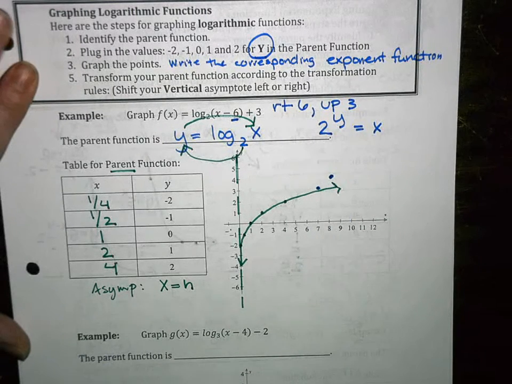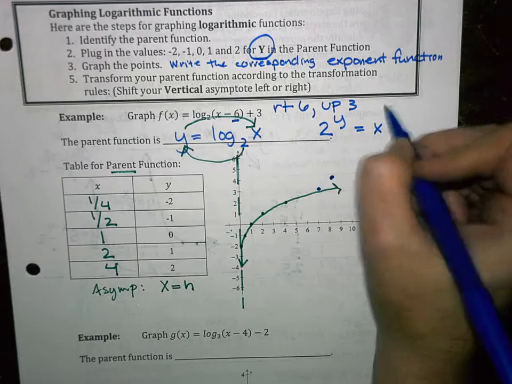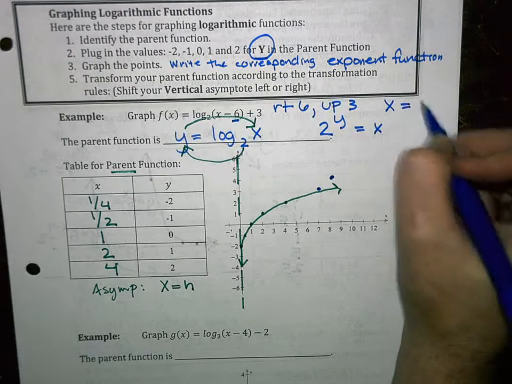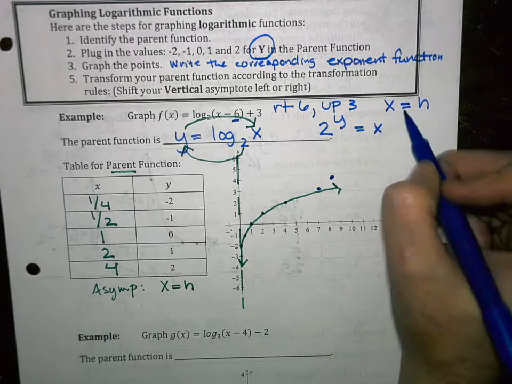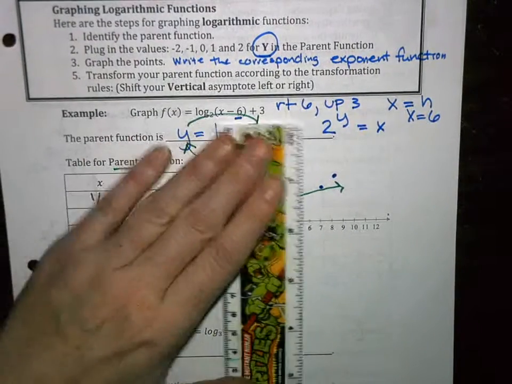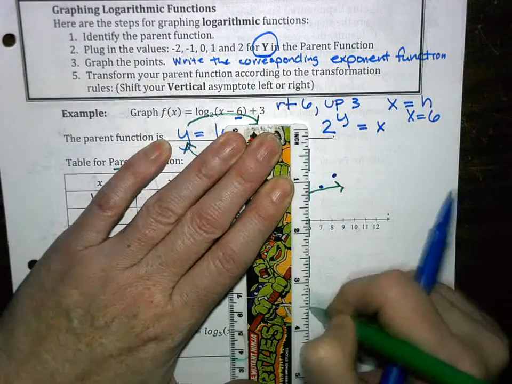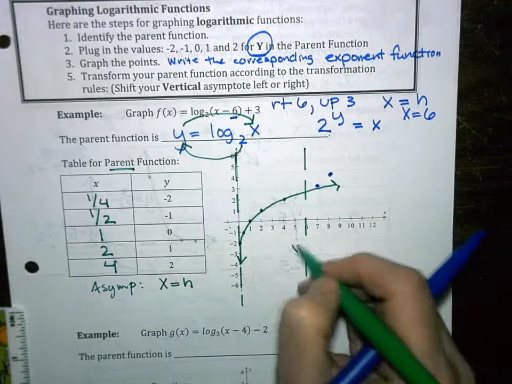Before I start graphing, I'm going to write my asymptote. The asymptote is what? X equals h. What is h? X equals 6. So I'm going to draw an asymptote at x equals 6. There's my asymptote, x equals 6.